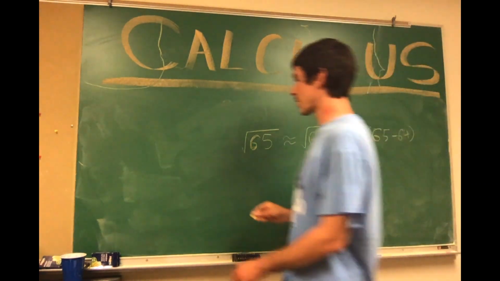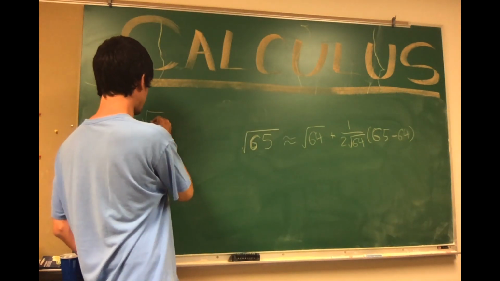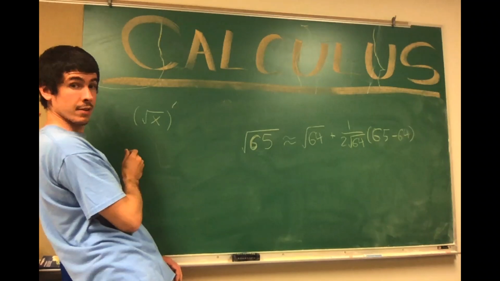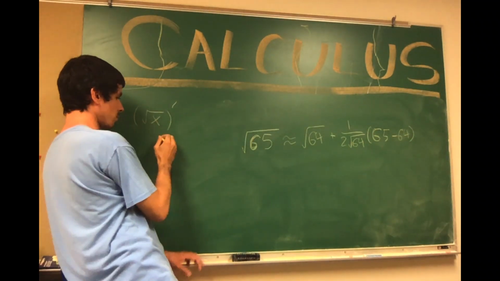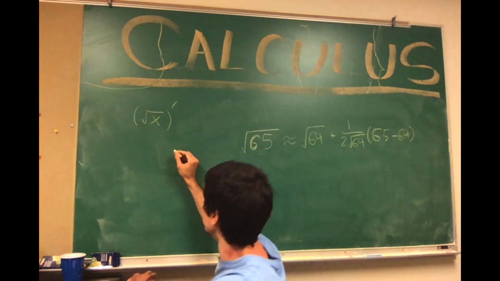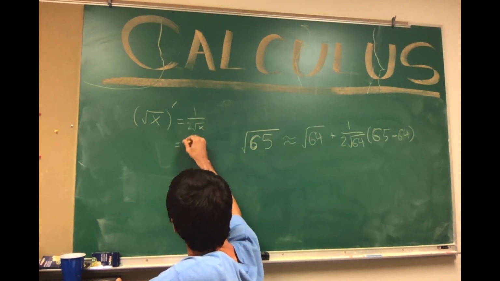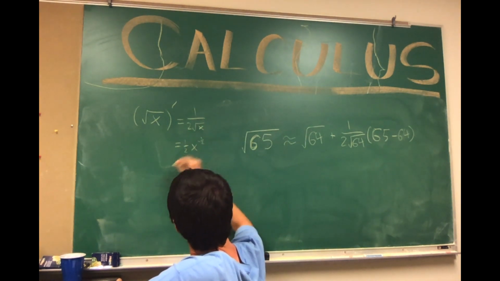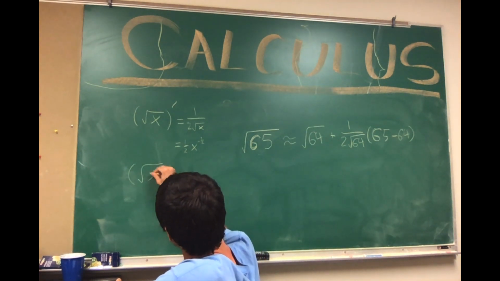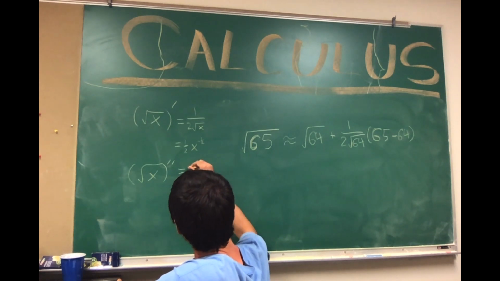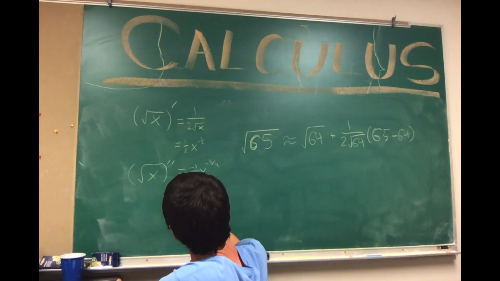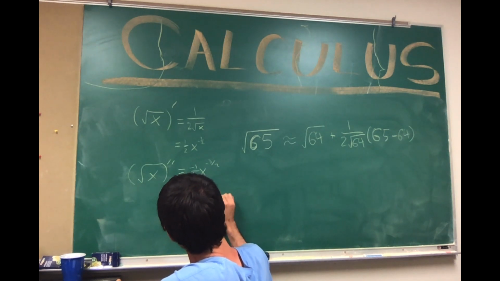But now, because the derivative of the square root of x is 1 over twice the square root of x, or 1/2 x to the minus 1/2, then the second derivative of the square root of x is going to be negative 1/4 x to the negative 3/2, which in other words is negative 1 over 4 times the square root of x cubed.